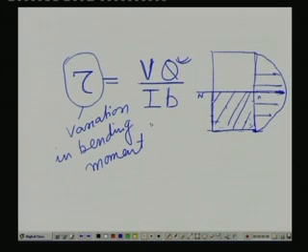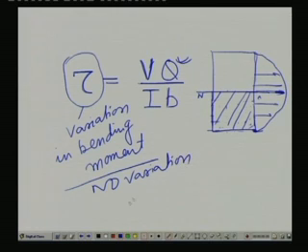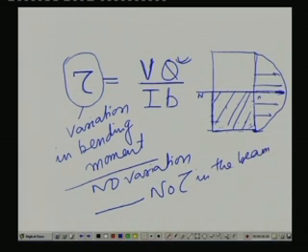If there is no variation, then what we get? No tau in the beam. So, this is a very important conclusion, that the shear stress comes out to be due to the variation in bending moment along the length of the beam.